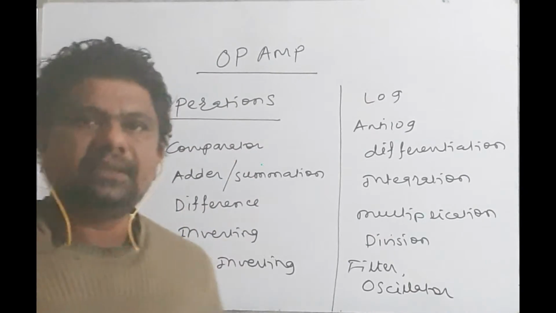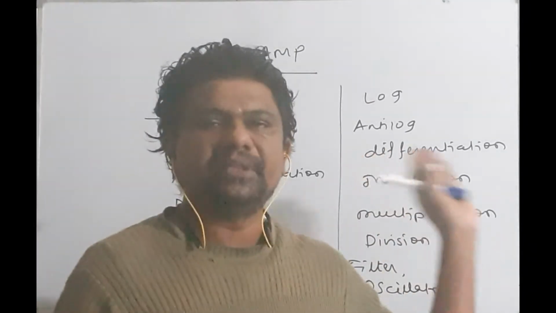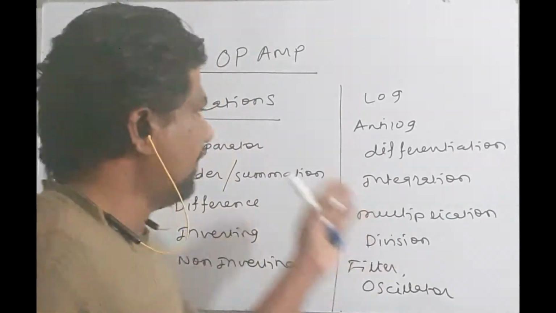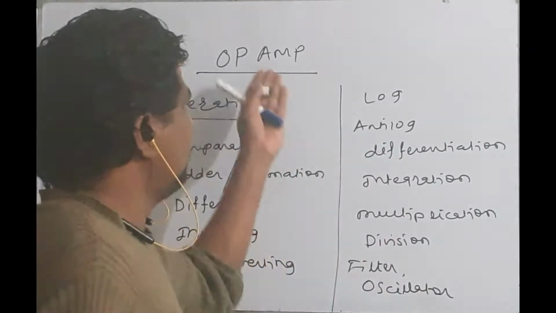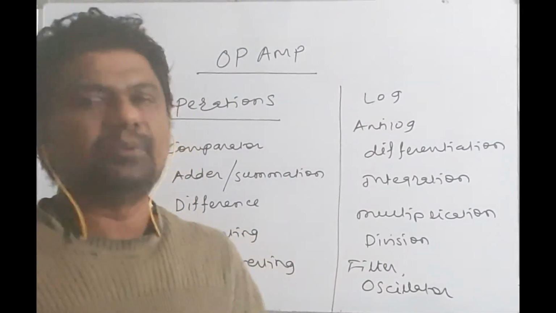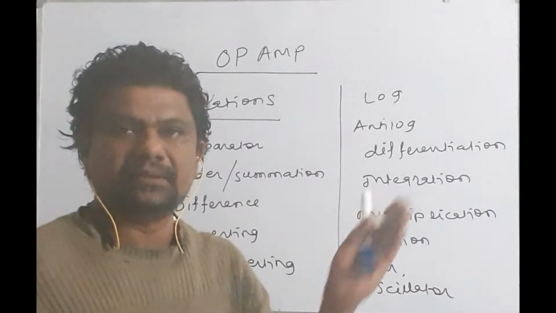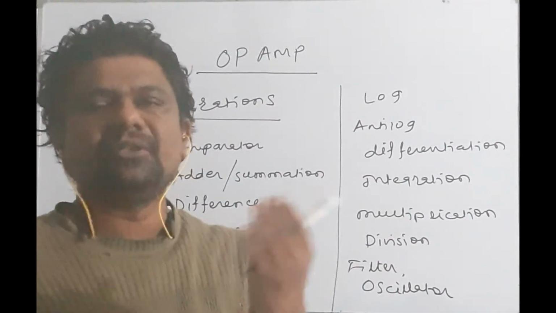So if you see the papers of competitive exams, there will be a few questions on the operational amplifier where you need to understand its characteristics, like common mode rejection ratio, slew rate, input offset current, input bias current, input impedance, output impedance, open loop gain, closed loop gain. What is the repercussion of negative feedback?